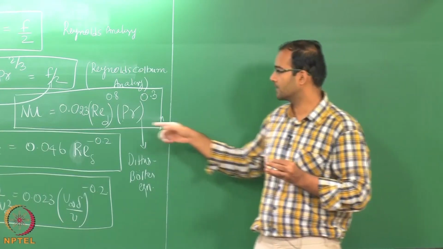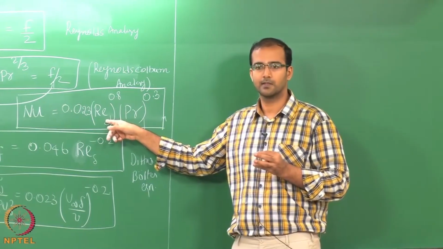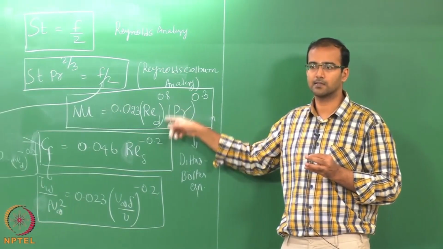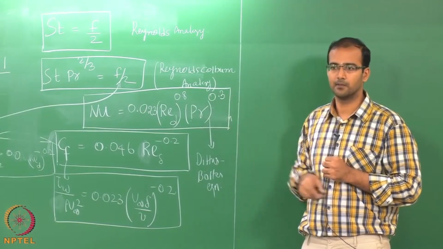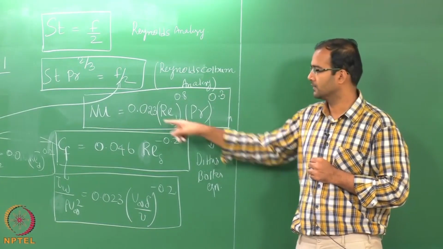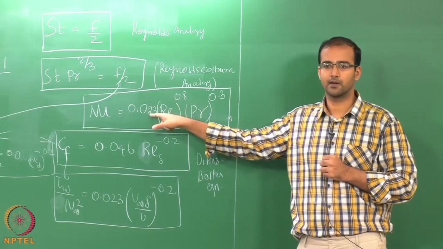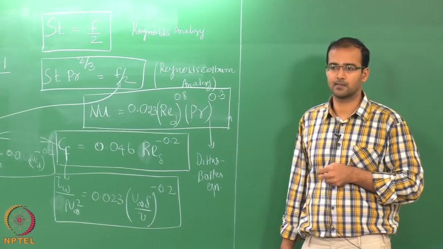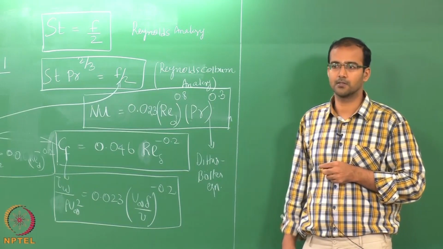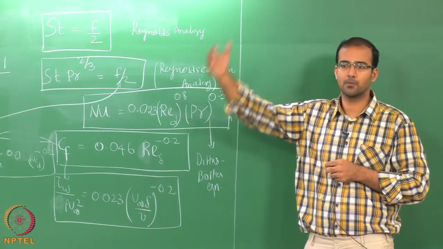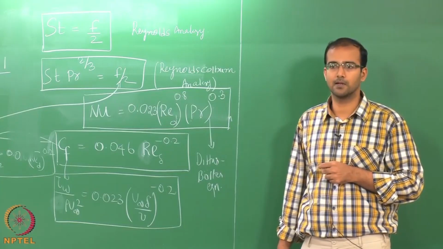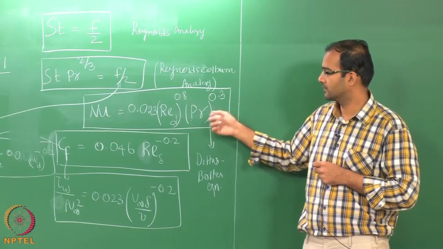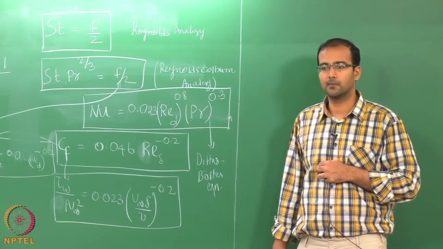The only thing is there you have the local Reynolds number. The variation is the same: instead of Re_D, you will have Re_x to the power 0.8, Prandtl number to the power 0.3. This constant will be slightly different, something like 0.029 in external flows, because you are substituting delta from the momentum integral. So the constant will be a little different, but the dependence on Reynolds and Prandtl number will be the same.